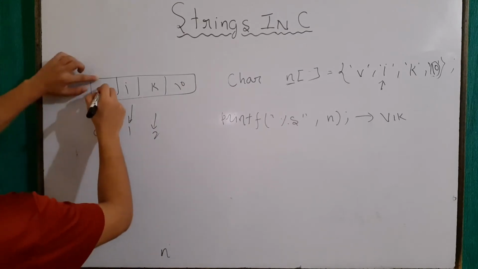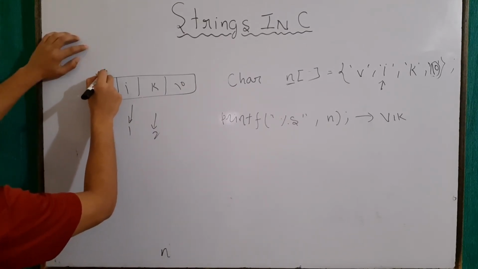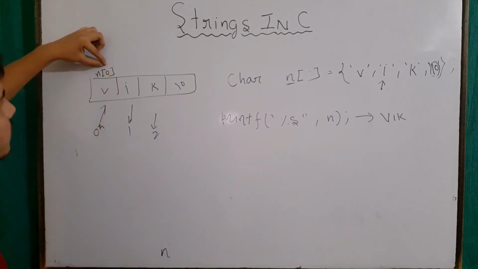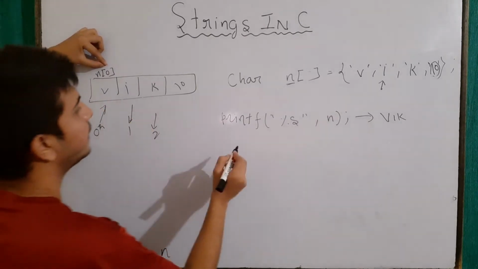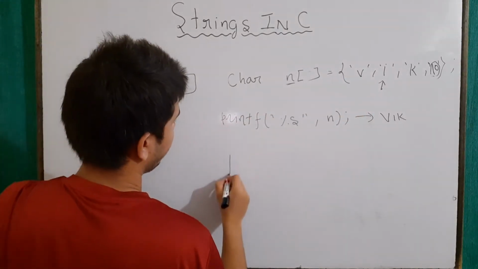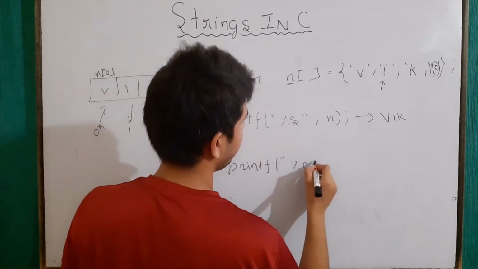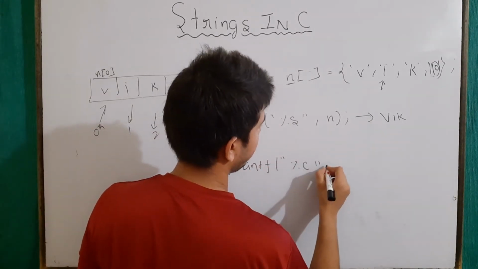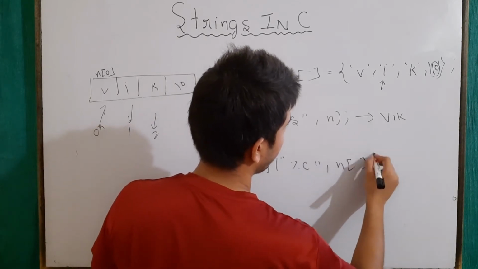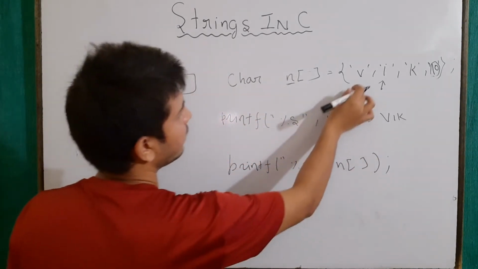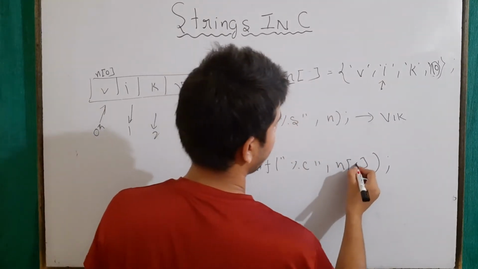Since V is in the first location, I can access it with subscript 0. So to print V here, I can write printf %c and whatever value I want to fetch. Let's say I want to fetch the first element, then I will write 0.